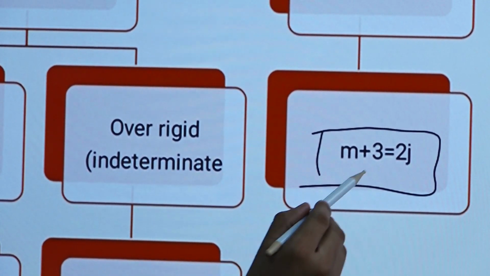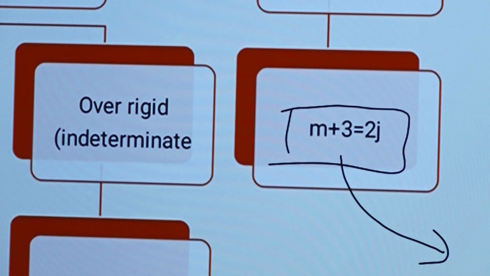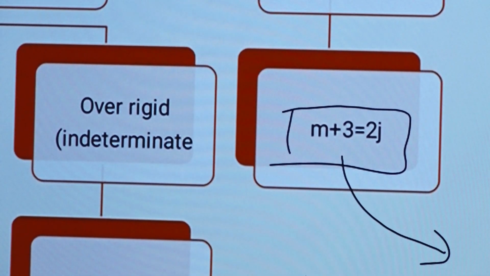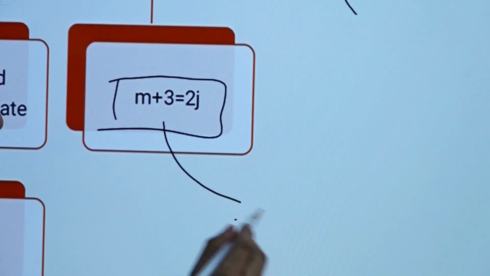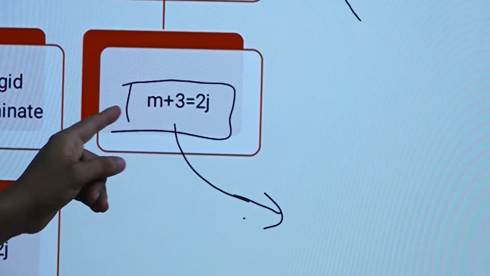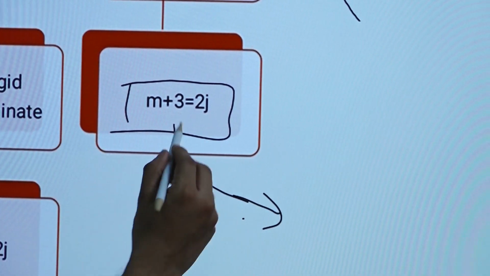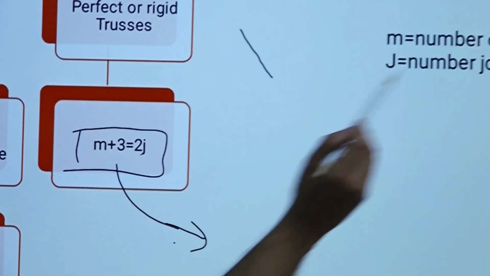What does this equation mean? It means that the degree of freedom of that structure should be 0. Any truss complying with the equation m plus 3 is equal to 2j, where m is the number of members and j is the number of joints.